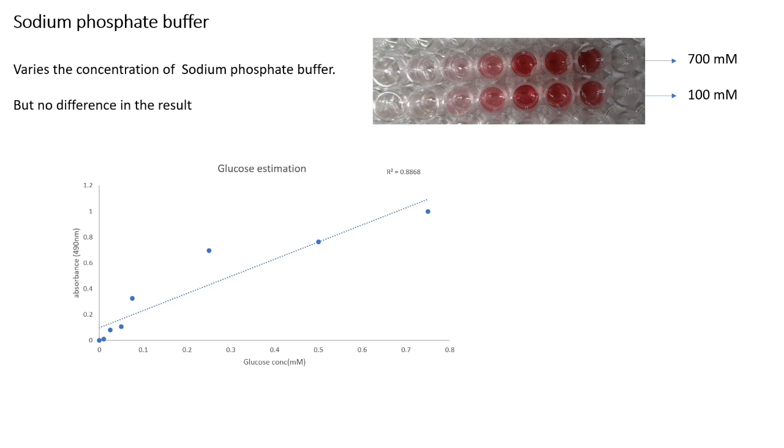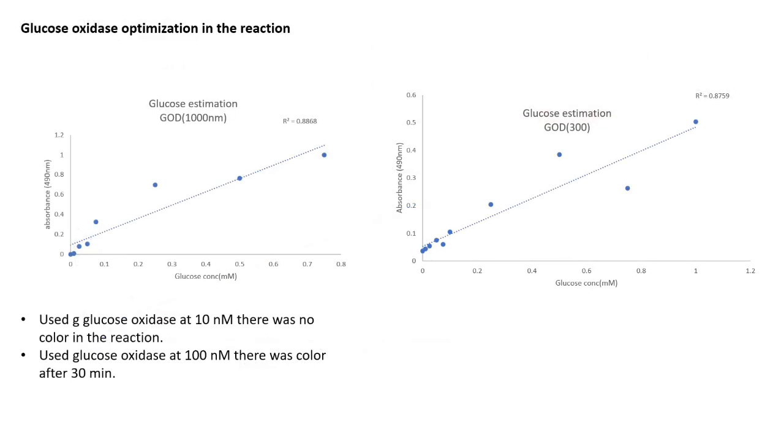We made this change as well, but there was no significant difference in the results. We are currently using 100 millimolar concentration, and the figure also shows that there is almost no difference in the results, although we use different concentrations of sodium phosphate buffer in this reaction.